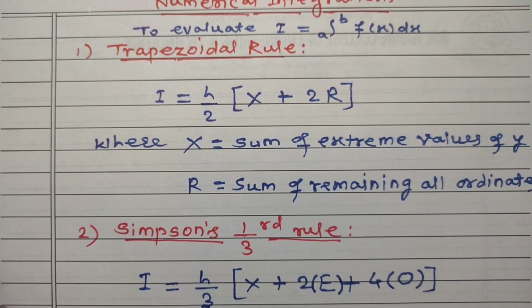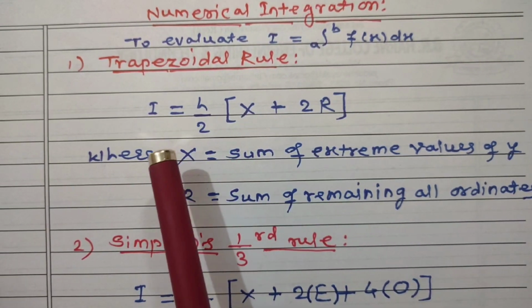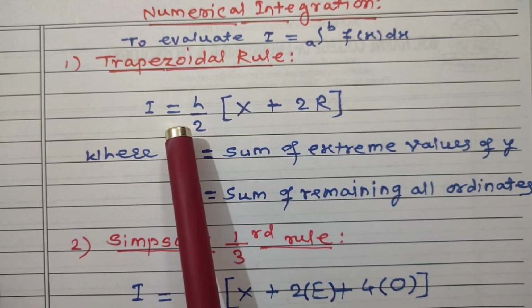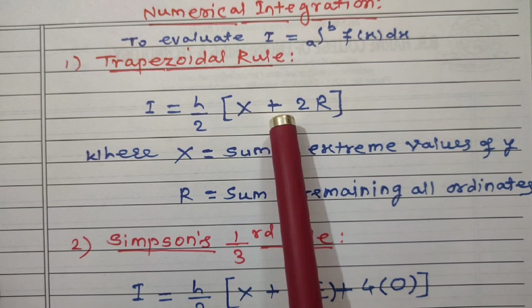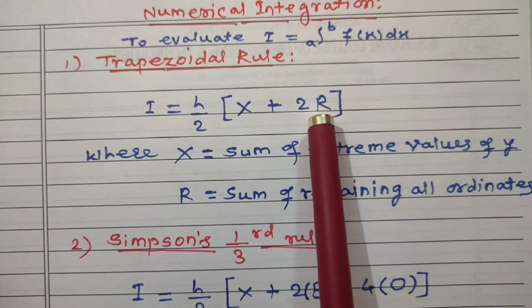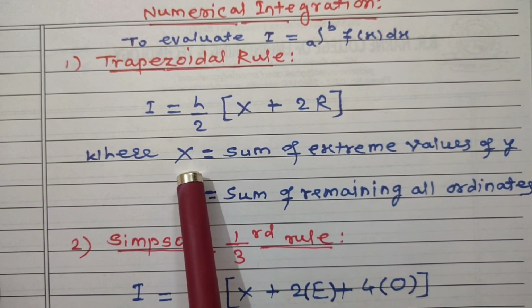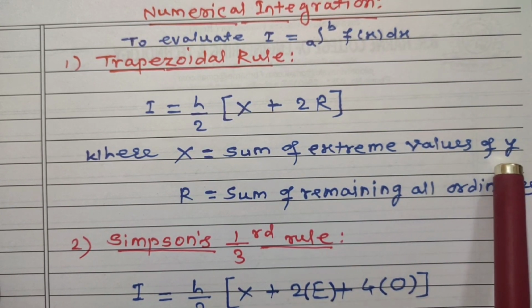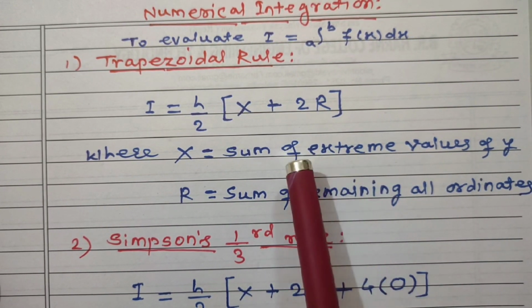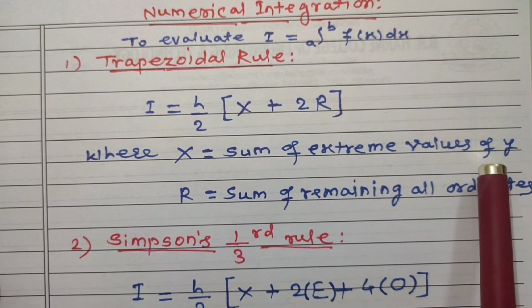Now here trapezoidal rule, its formula is value of integral I is equal to h upon 2 into bracket capital X plus 2 times capital R, where capital X is nothing but sum of extreme values of y. Extreme values means what? First value of y and last value of y.